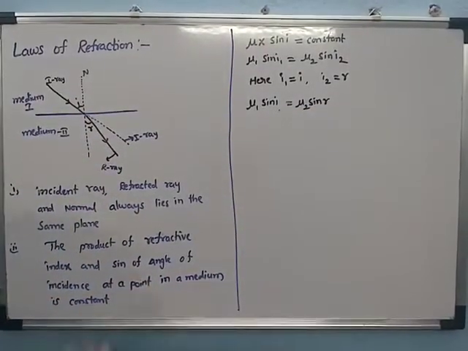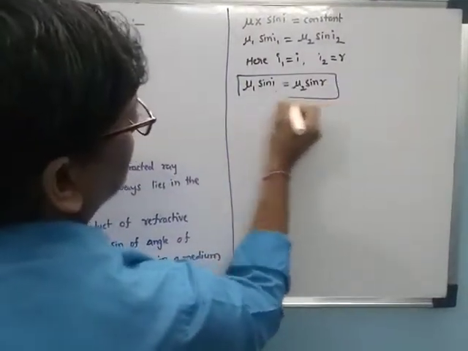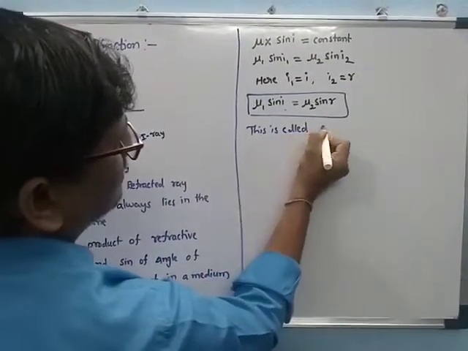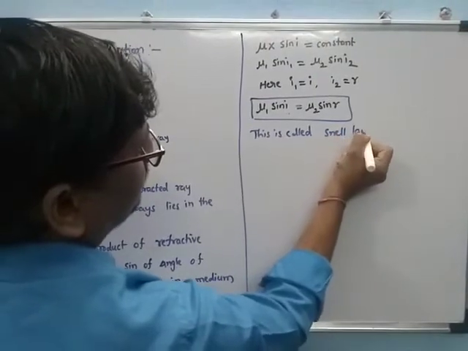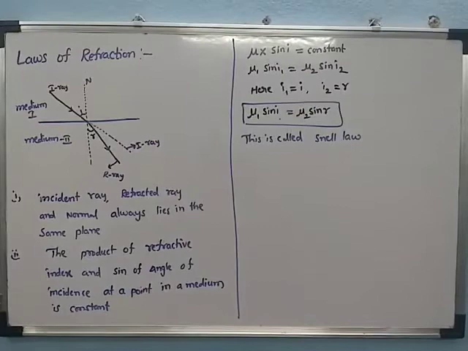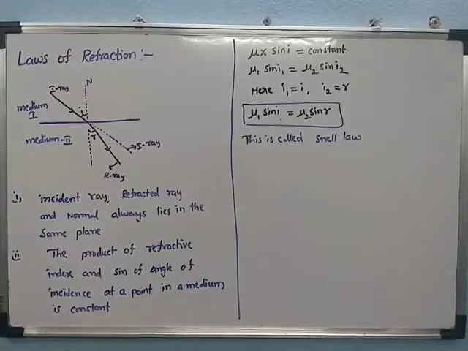This is called Snell's law: nu 1 sine I is equal to nu 2 sine r.